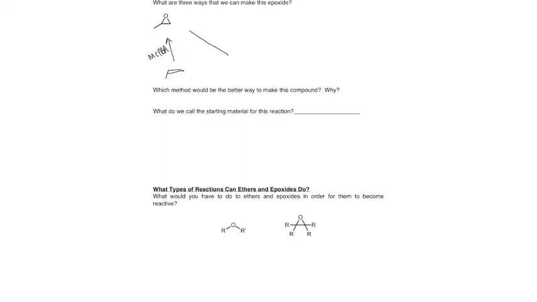But we also learned we could do an internal SN2, make a red one. So we could have had our leaving group and our alkoxide, and it can attack from the back and kick off. Or we could have had the other side be the leaving group and this side be the alkoxide, and that would attack and kick off.